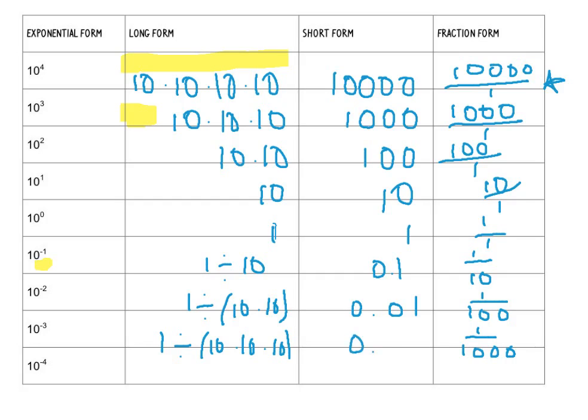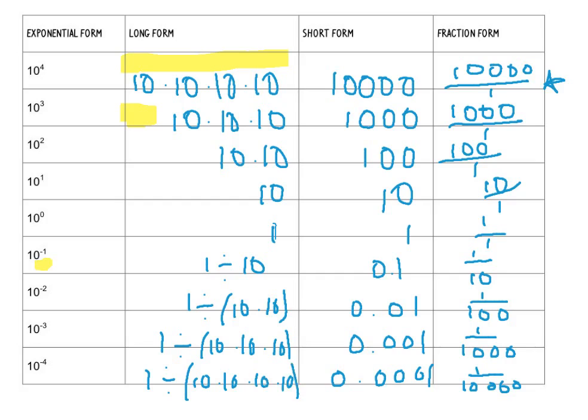And that's 1/1000, 1 over 1,000. So 10 to the negative 4th, can you guess what's going to happen? Yep, 1 over 10,000, or 0.0001. 1 divided by 10 times 10 times 10 times 10.